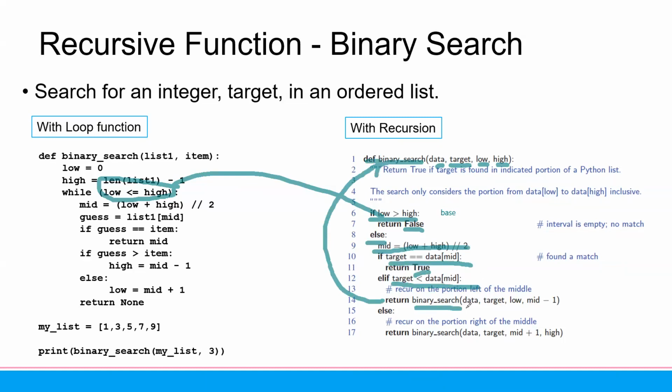And we need to define what is the data, what is the target again, what is the low, and what is the high value. If it is not the case, then we will go to this last statement: binary search, and the data, the target, mid plus 1, and high. So we will call the binary search again. This is a recursion.